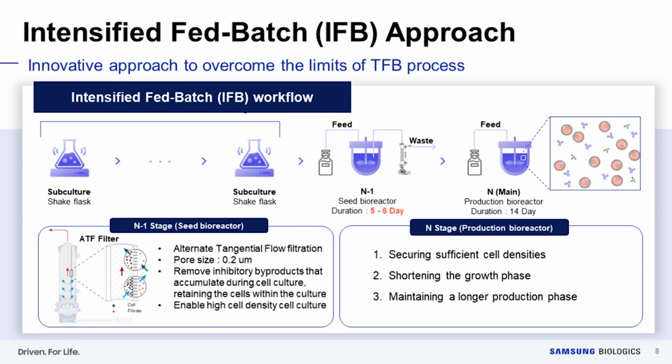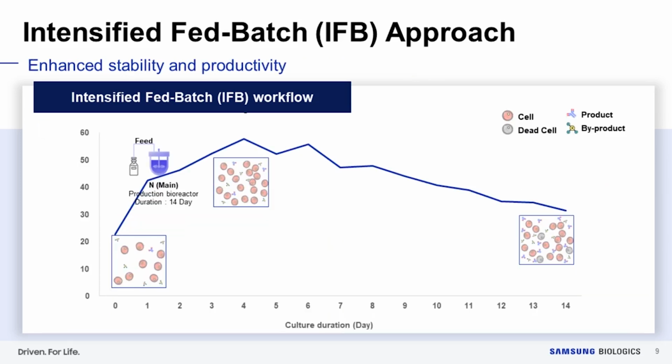This not only supports higher cell densities, but also creates a more stable and productive environment for cell culture. In the case of the intensified fed batch approach, it combines the benefits of traditional fed batch processes with the advantages of perfusion systems, and it results in higher productivity and better control over the culture environment without the high cost associated with full perfusion systems.